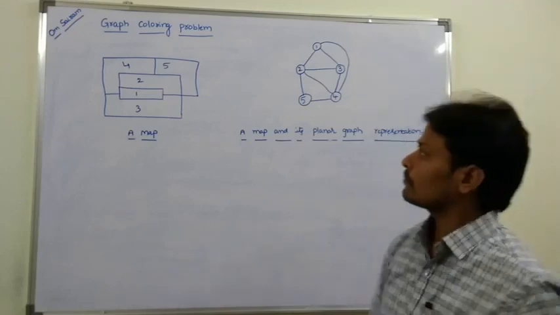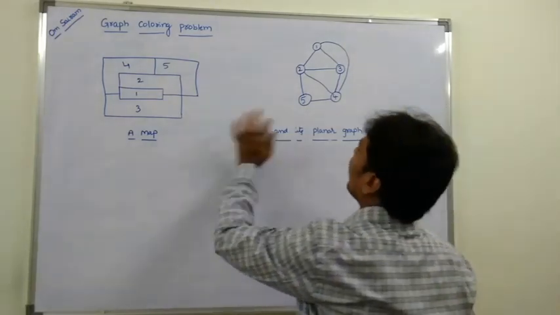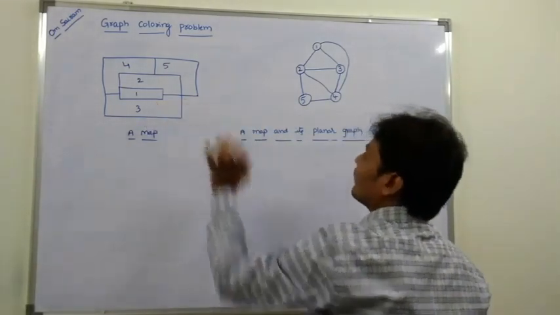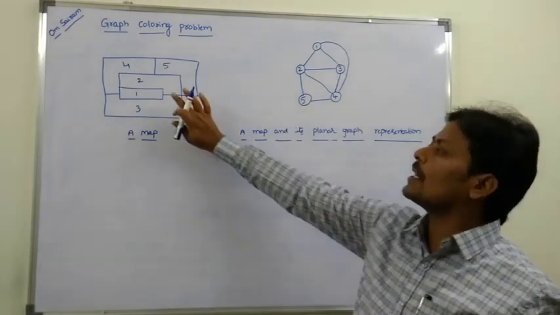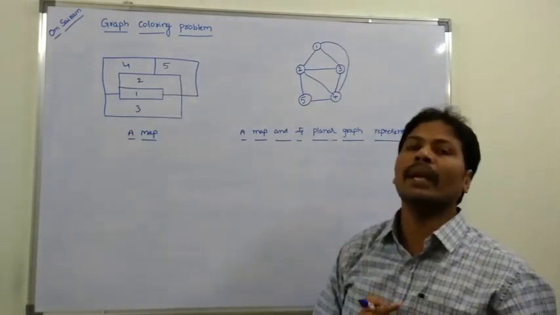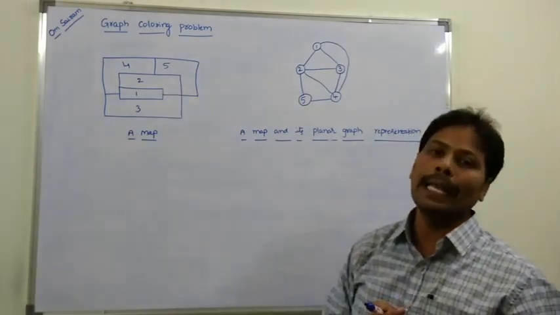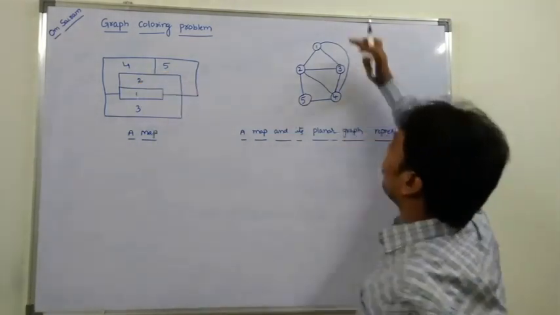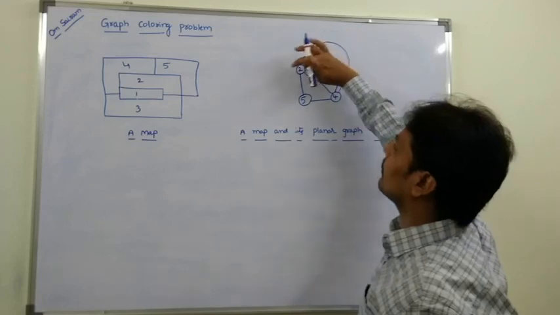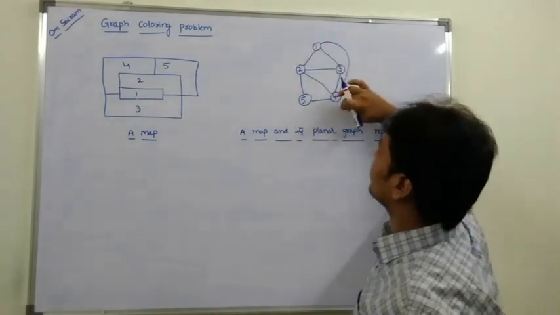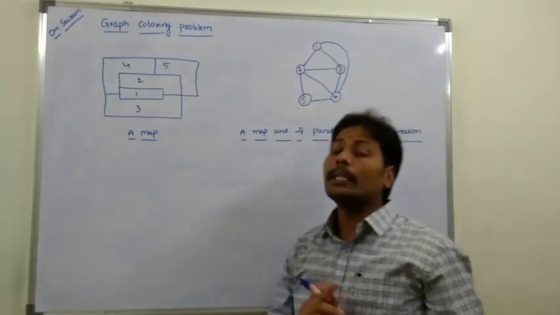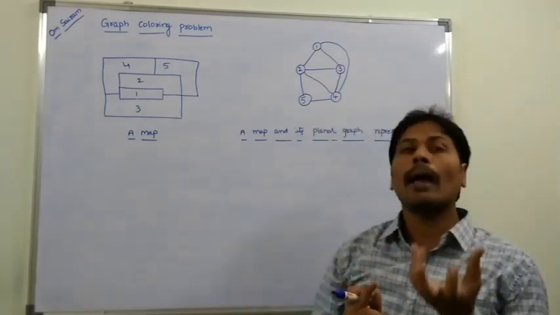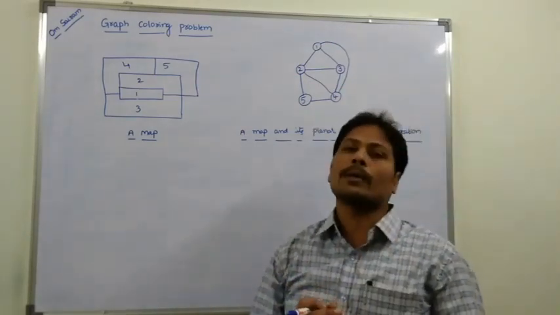Suppose we want to draw the planar graph for this given graph. Each and every region can be denoted by a single node. There are 5 regions, so there are 5 nodes: vertex 1, vertex 2, vertex 3, vertex 4, vertex 5. Next, how do we draw the edges between the nodes?